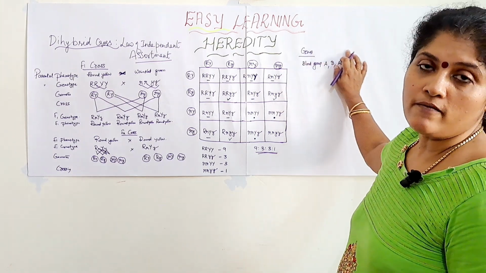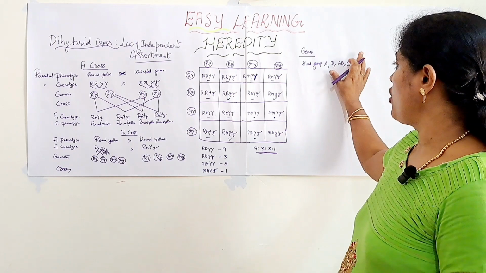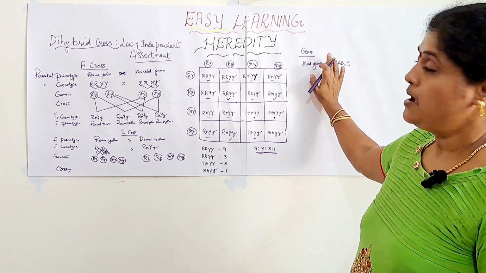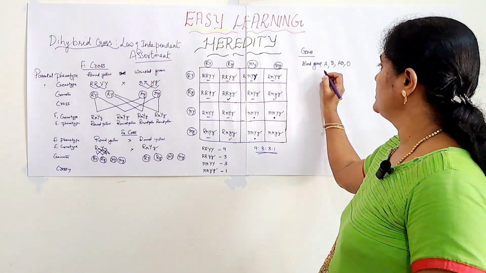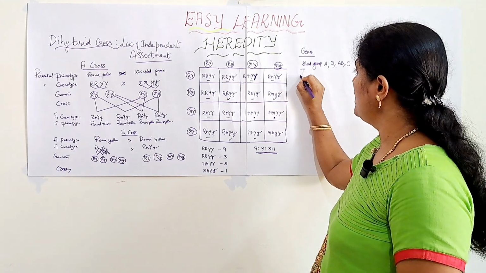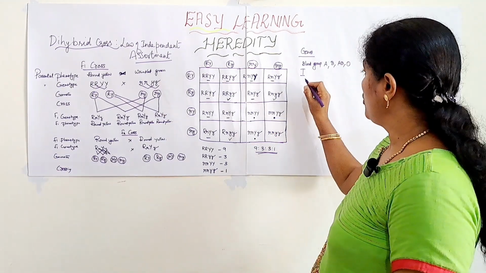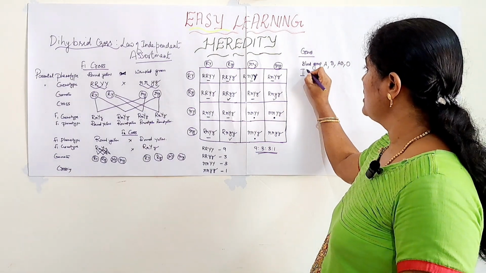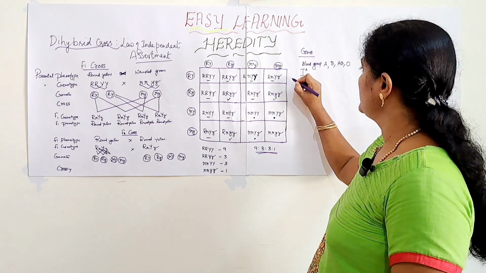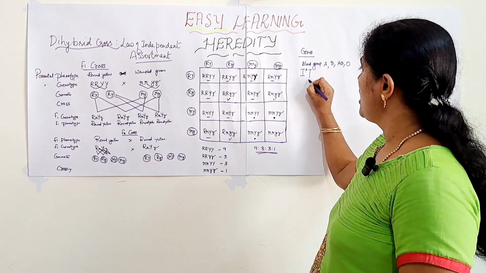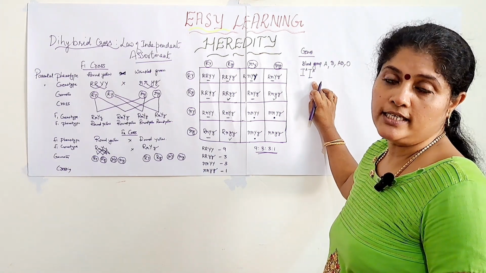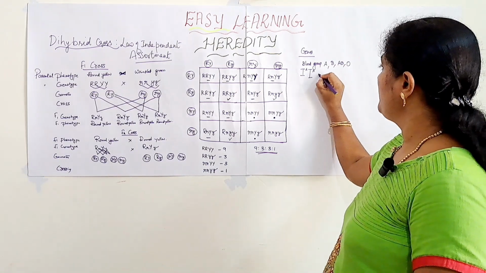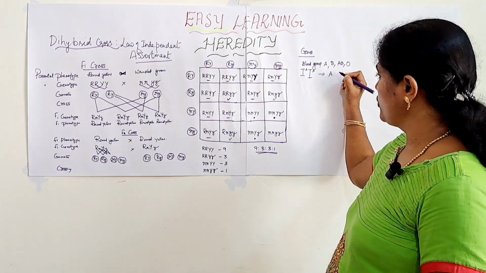So, based on this, we will write the genetic formation, that is the genes present in this blood group. In the case of the blood group, the genes are represented by the letter I. So, if IA is present in the genes of the blood, then the person will have A group.